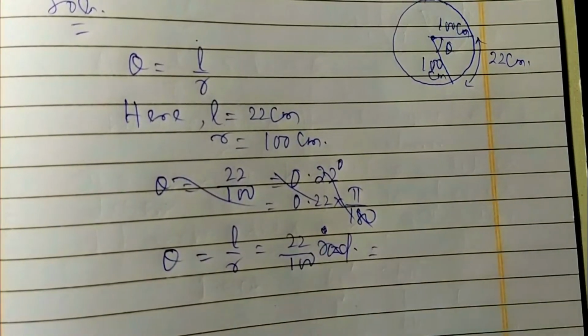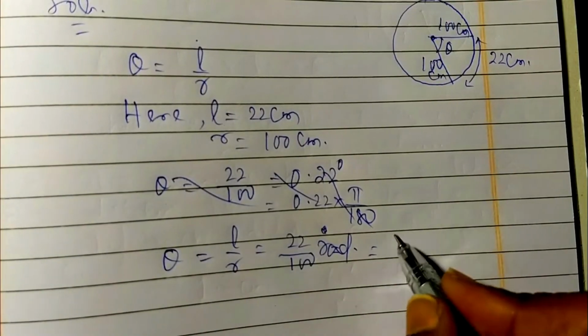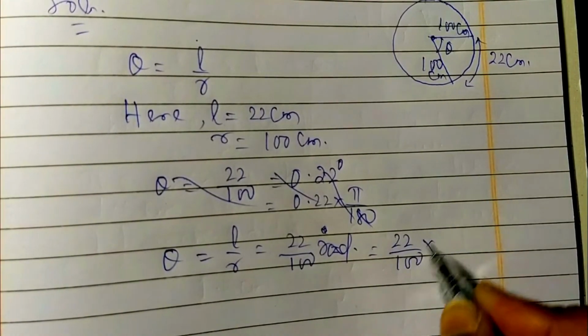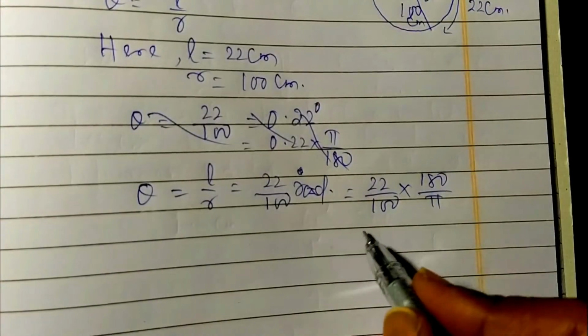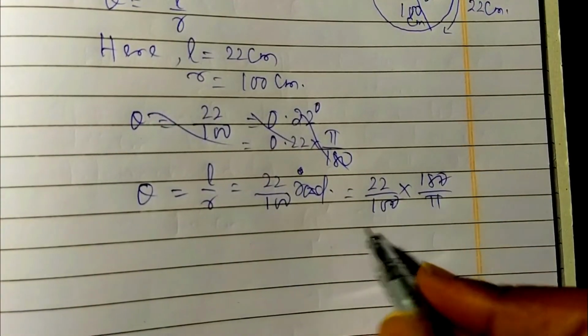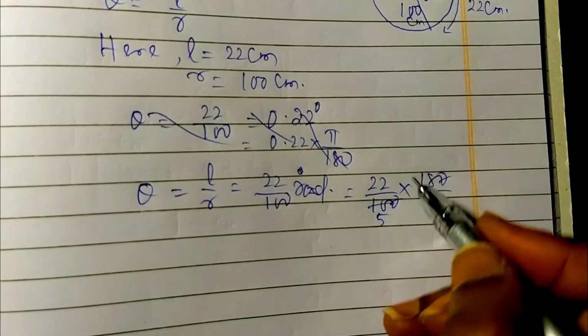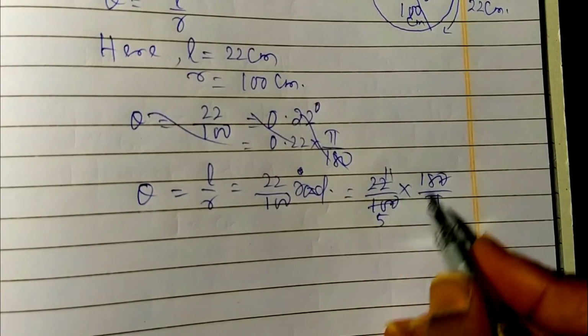And we know that pi radian is equal to 180 degree. So 22 by 100 into 180 by pi. Cancelling the zeros, 11 into 18.